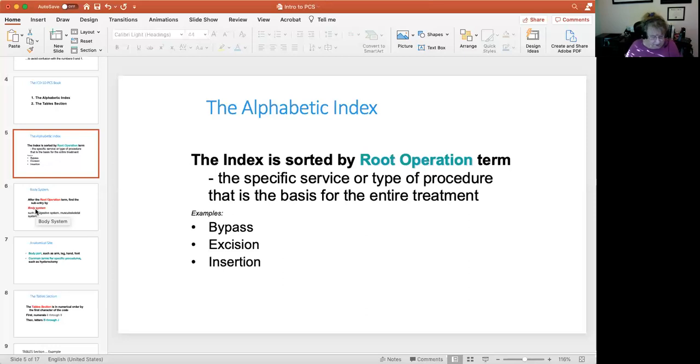So these tables provide you not only with the definitions of these terms or body parts or whatever it might be, but they also give you examples so you can put 2 and 2 together.